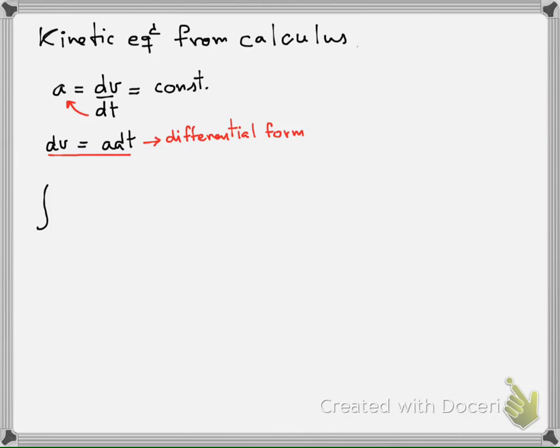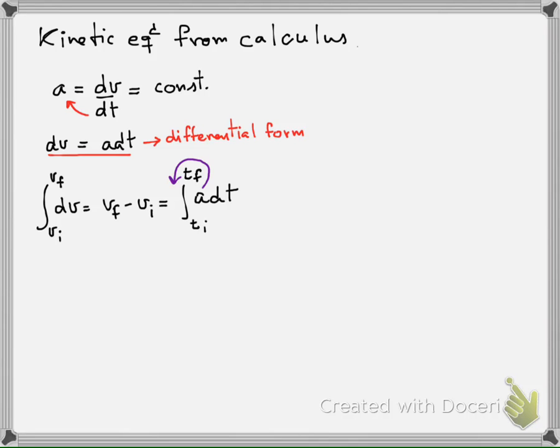We integrate dv from vi to vf, equal to the integral from ti to tf of a dt, and in our case now, a is a constant, so we can move a outside the integration.